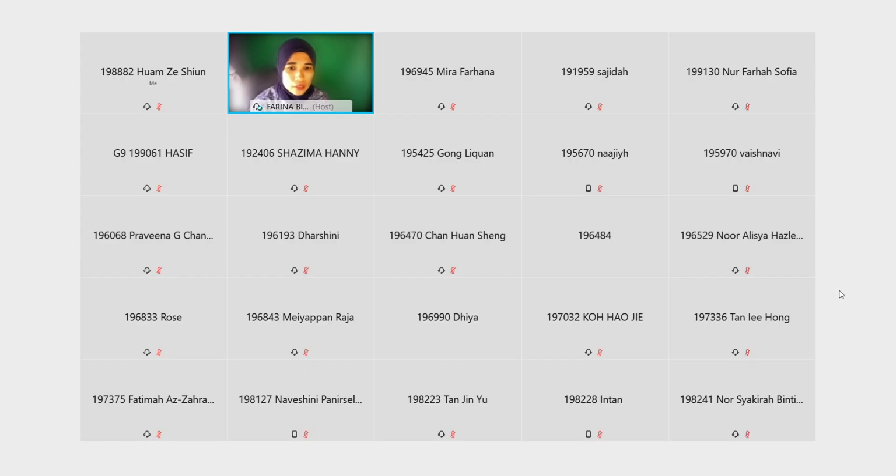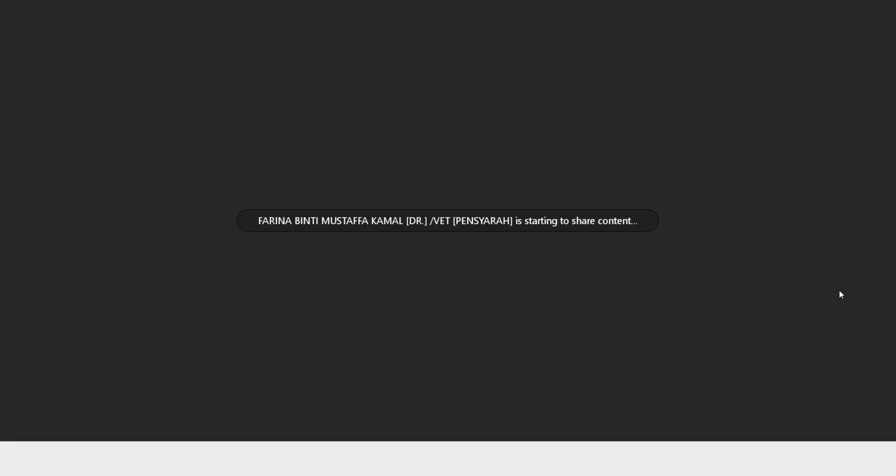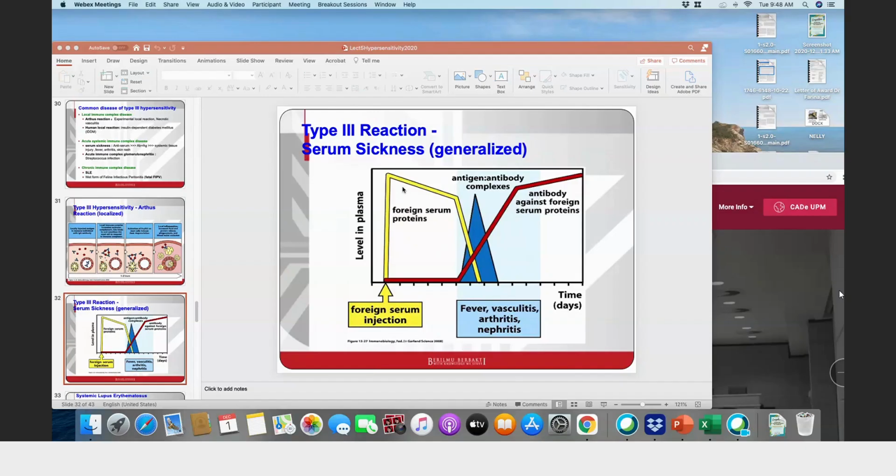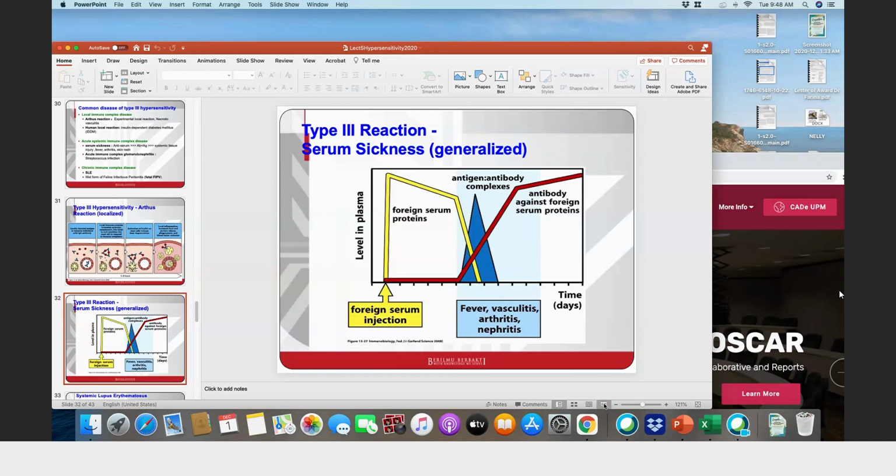When this occurs, you can see here the yellow is the foreign serum protein, and then the antibody in red starts to be produced against the host serum. And then you see the antigen antibody complex in blue starts to be produced.